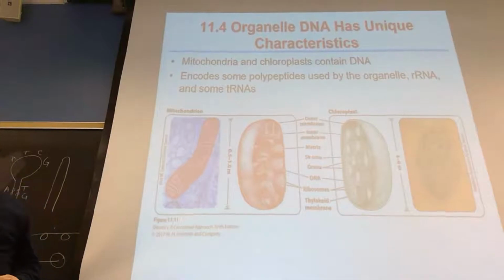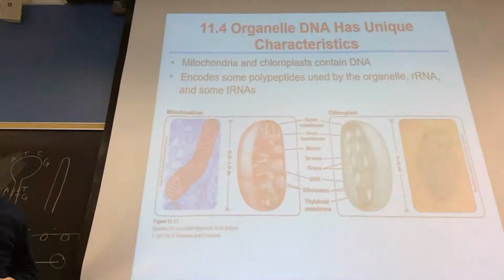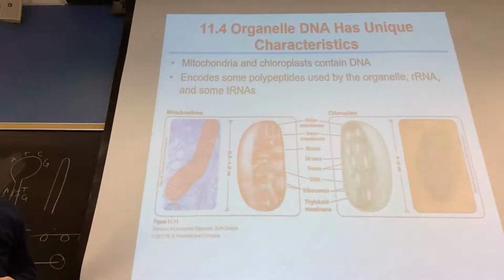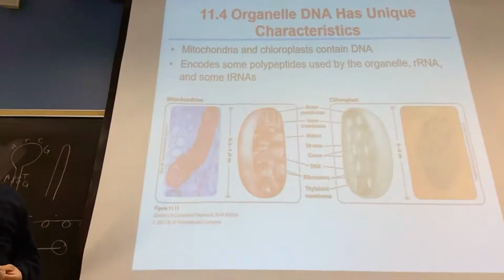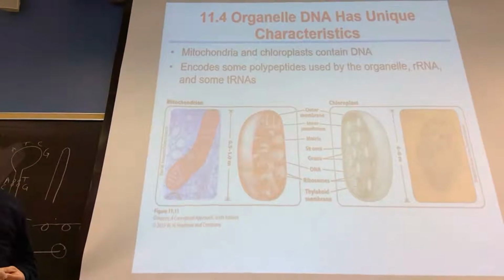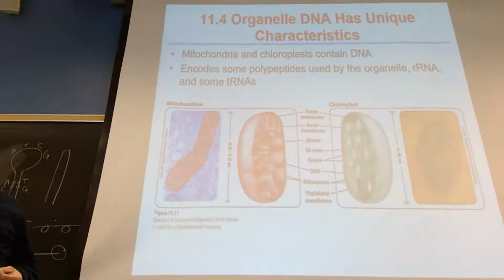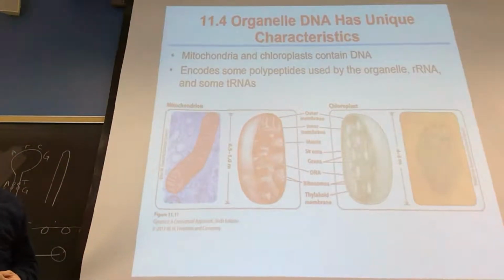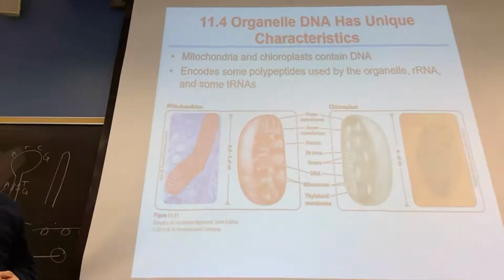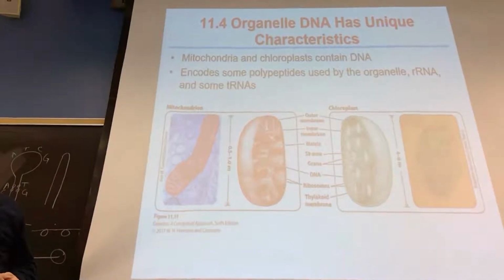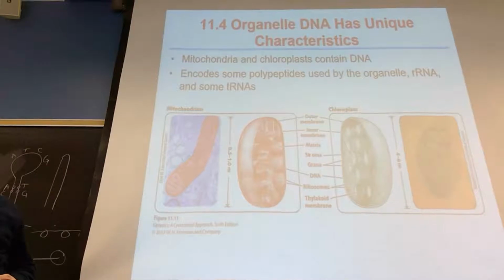Now, if DNA is there and ribosome is there, what does it mean? Suppose I have found that in one cell there is DNA and ribosome. What does it mean? What can I guess from that? Any idea?